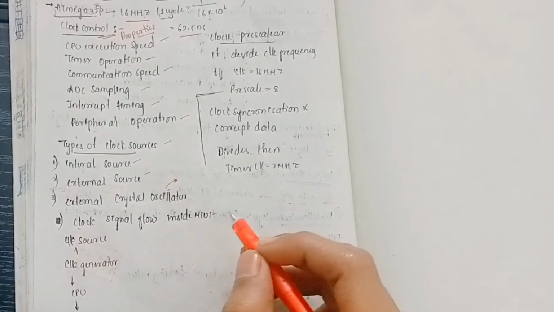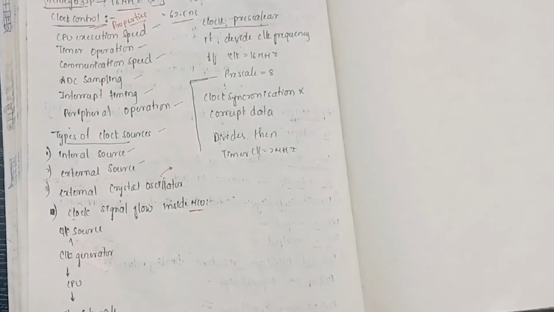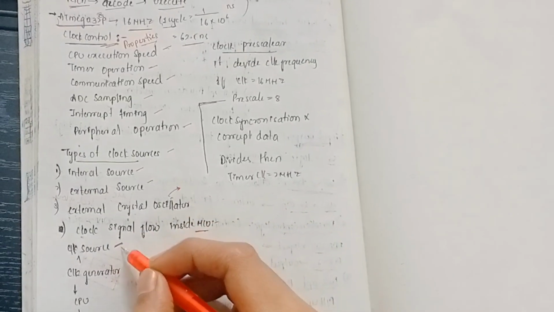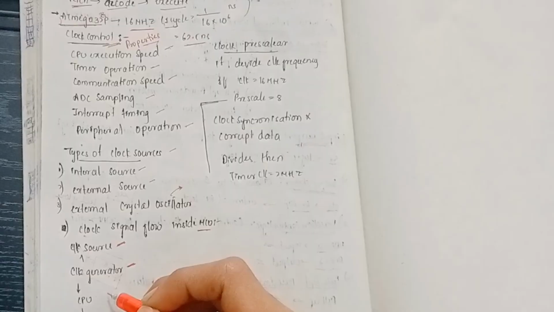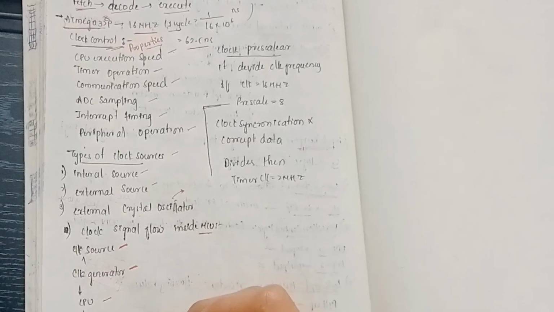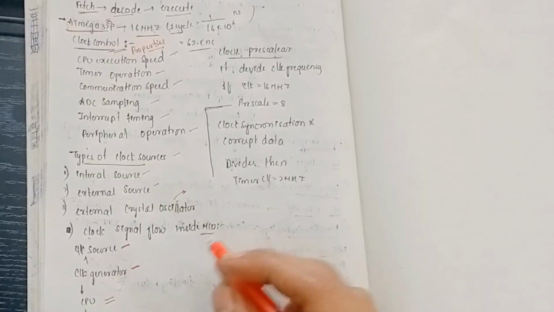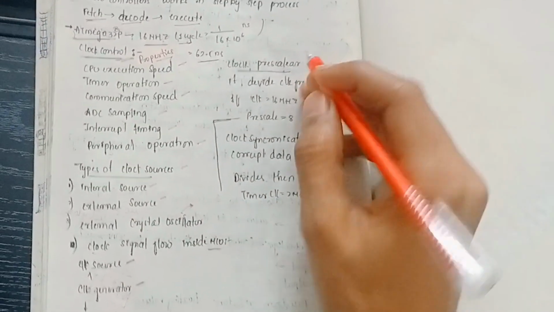The clock signal flow inside the microcontroller would be: the clock source generates the clock and then sends it to the CPU. The CPU performs all the logical operations and the output would be seen at the peripherals.